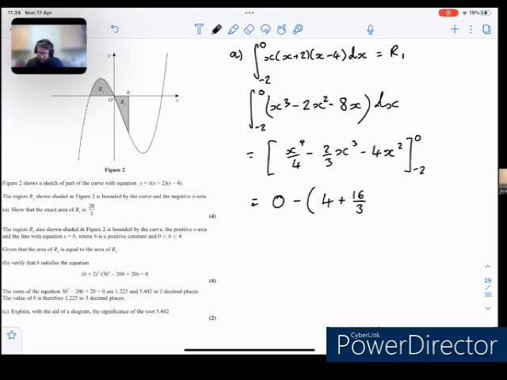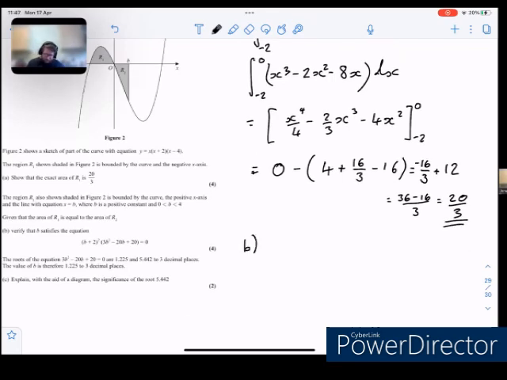And then minus 2 squared is 4, so this becomes minus 16. We've got 4 minus 16, so plus 12. So that's 36 over 3 minus 16 over 3, which is 20 over 3, as required.